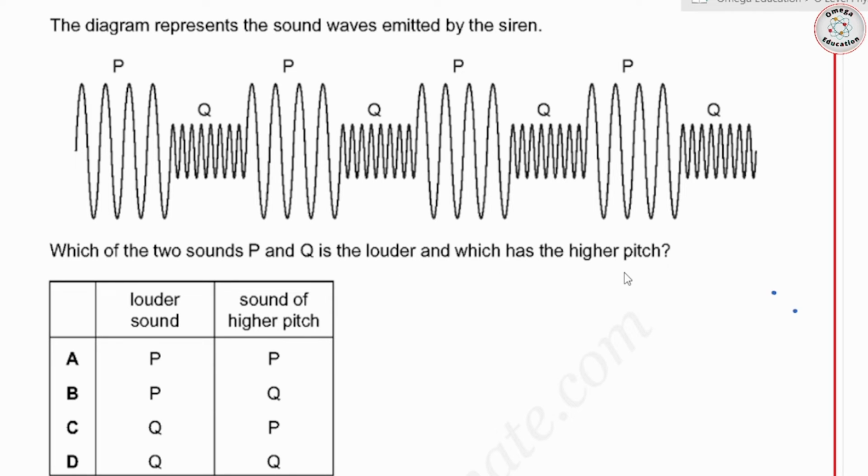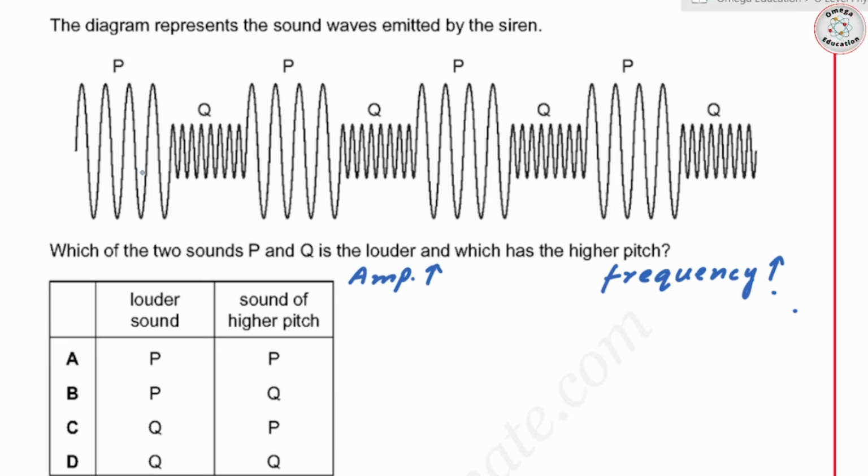So the louder would be the one whose amplitude is more, and the sound with more pitch would correspond to the sound which has more frequency. So if you compare P and Q, which one has more amplitude?